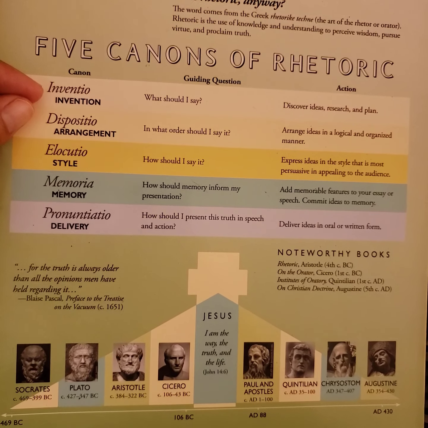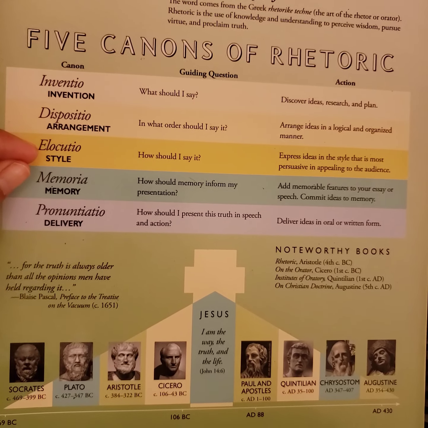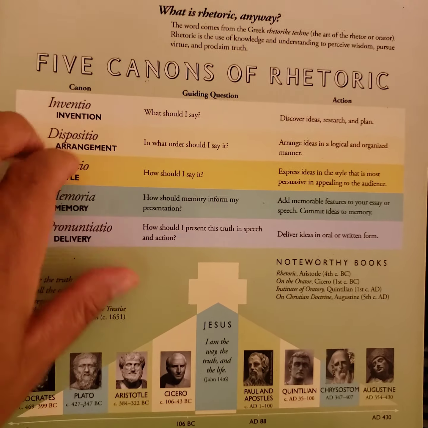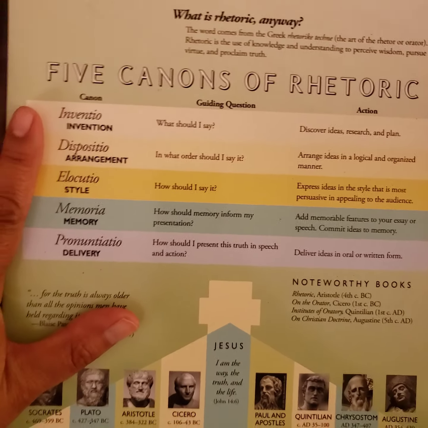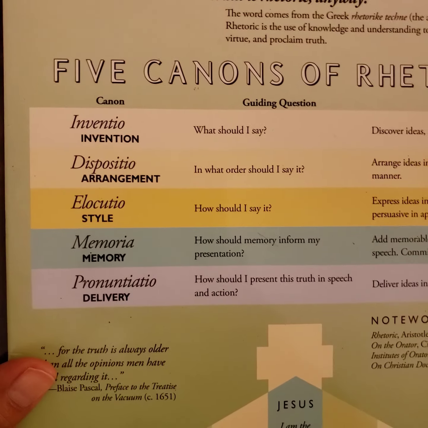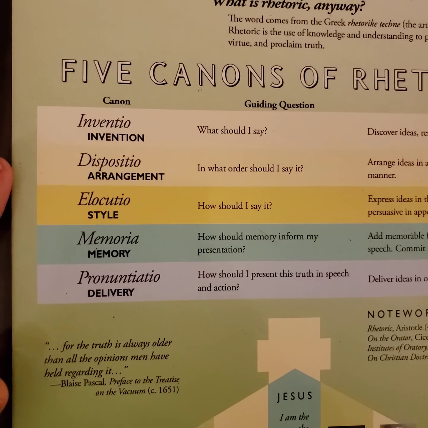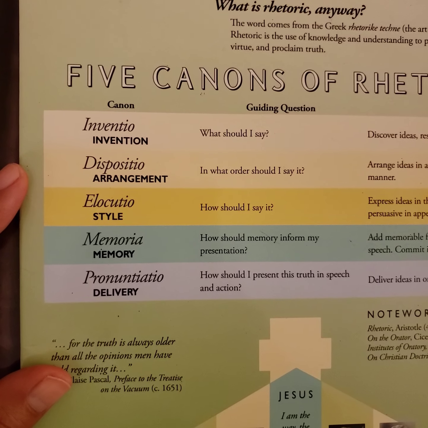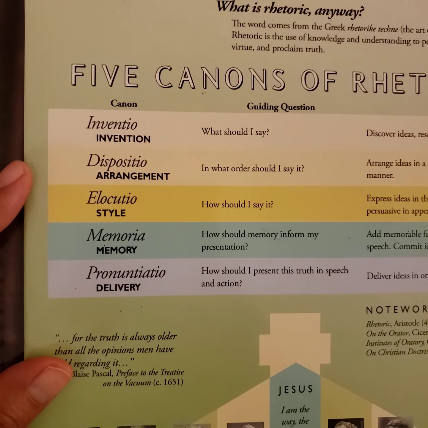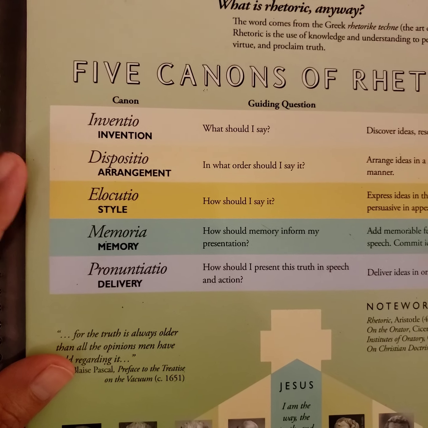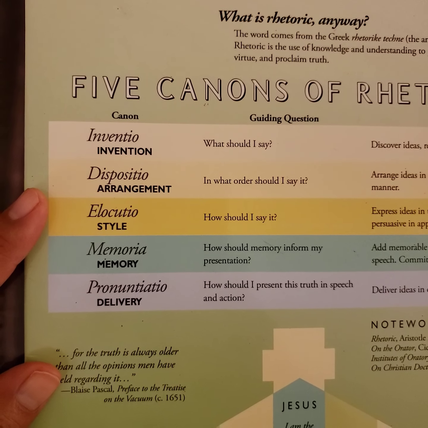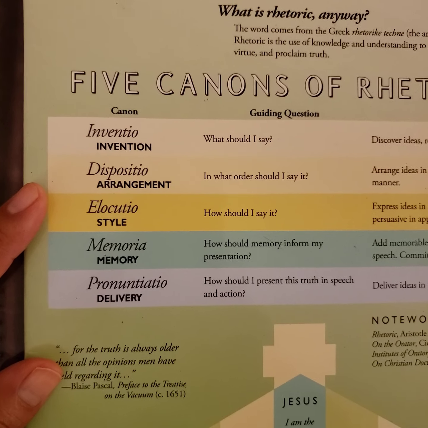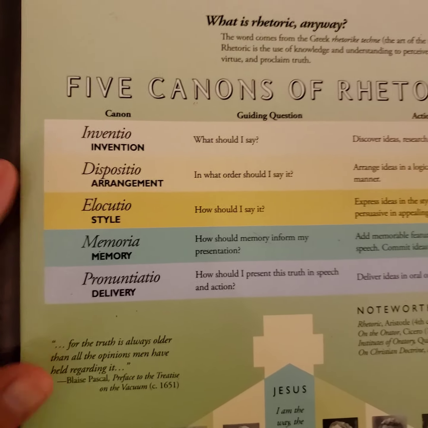So they're doing invention, arrangement, and elocution, or style. These are the 3 things that most writers struggle with when they are writing. And so the Lost Tools teaches them to tackle those issues and how to use certain tools to write their persuasive essays in the best possible way.